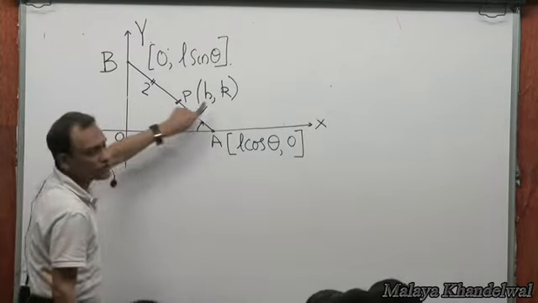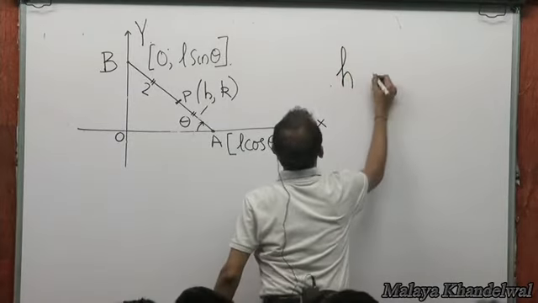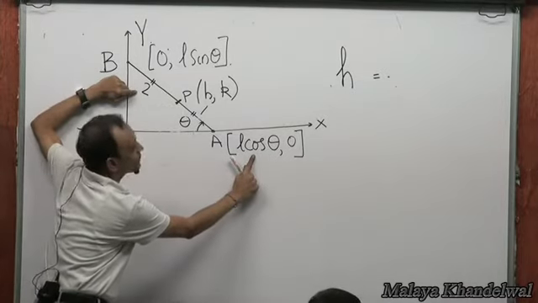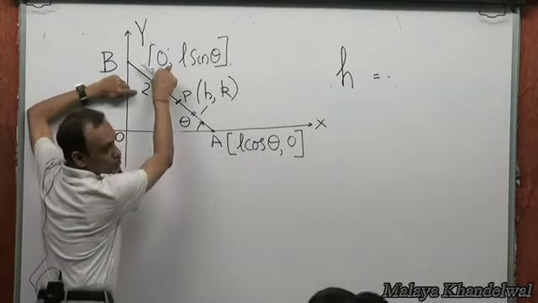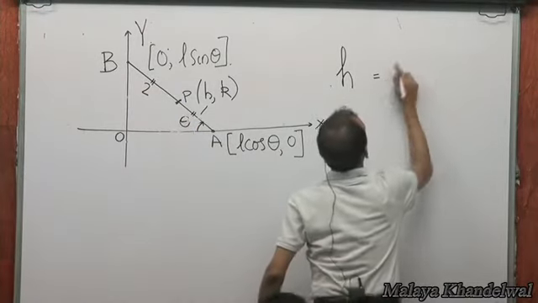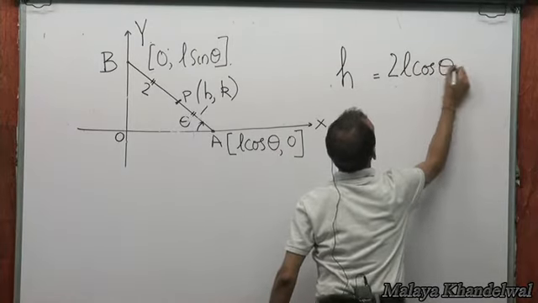Can I find h and k in terms of theta? Yes. How? Section formula. Using the section formula, h would be 2 into L cos theta plus 1 into 0 divided by 2 plus 1, which is 2 L cos theta by 3.